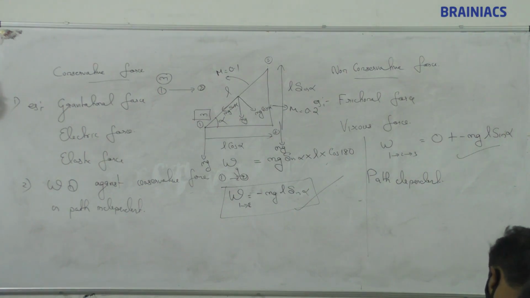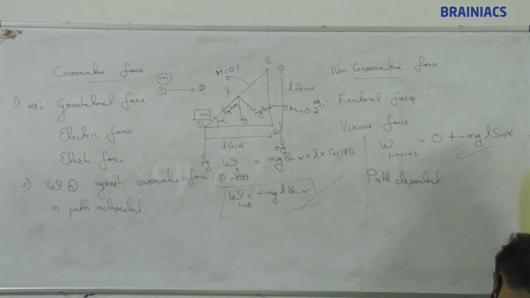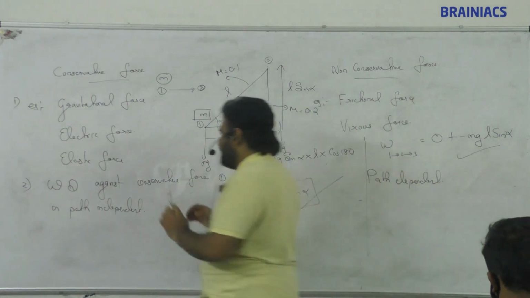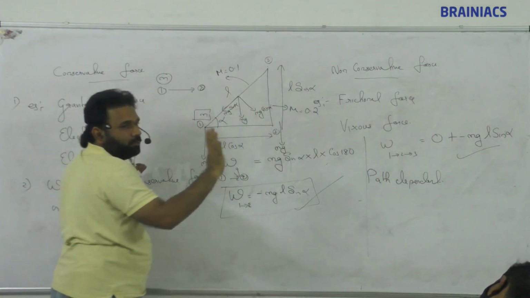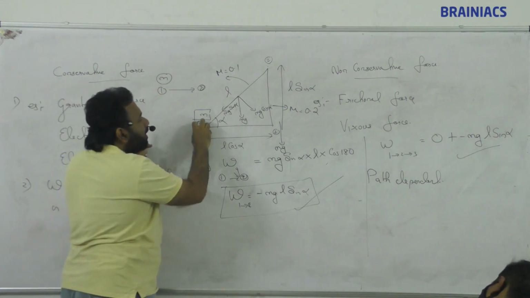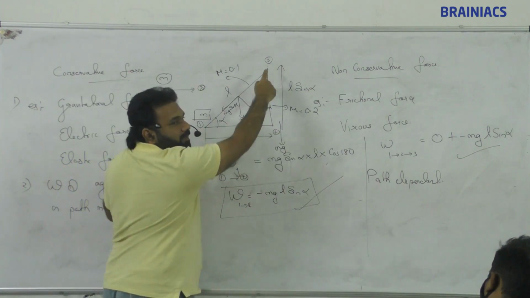Clear? Any doubt? This mass is taken from 1 to 2 directly. This is one path, and this is another path.